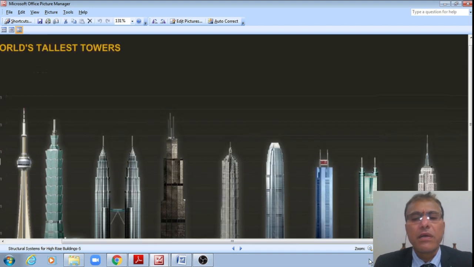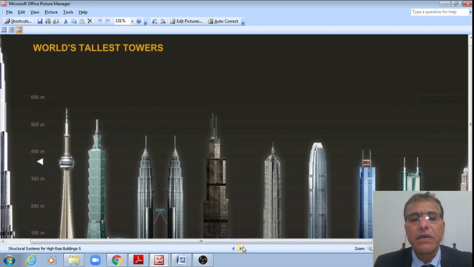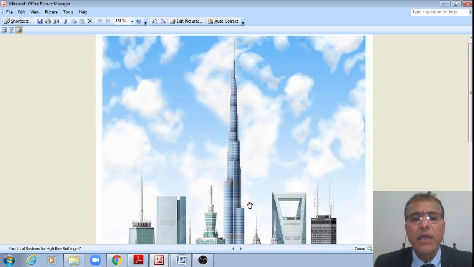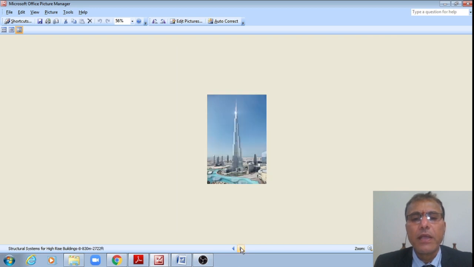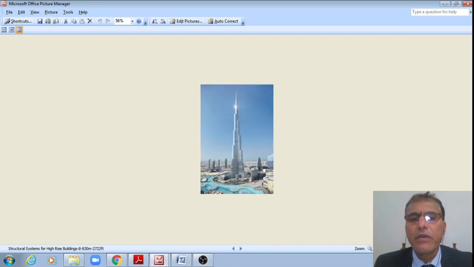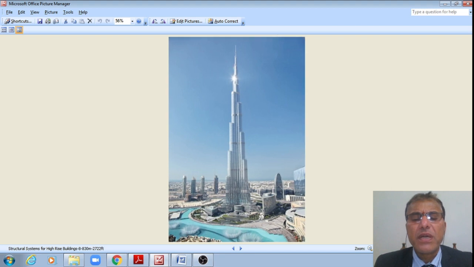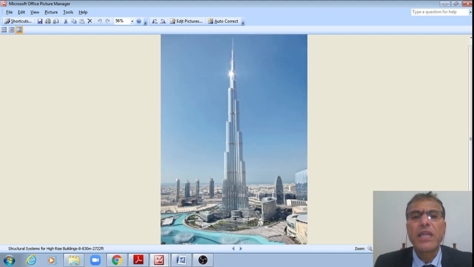These are the world's tallest towers till recently. And this is a picture showing all those world iconic tallest buildings, which we have just seen elaborately. And this is a photograph of Burj Khalifa, almost 838 meters.